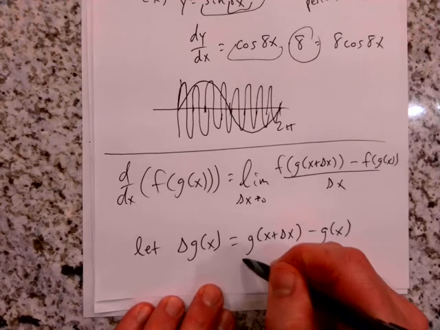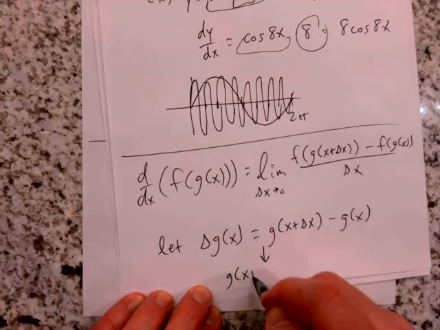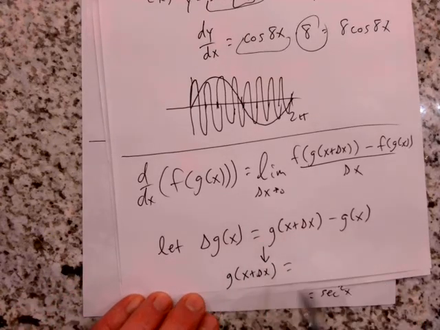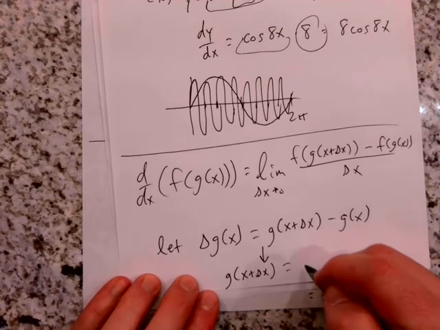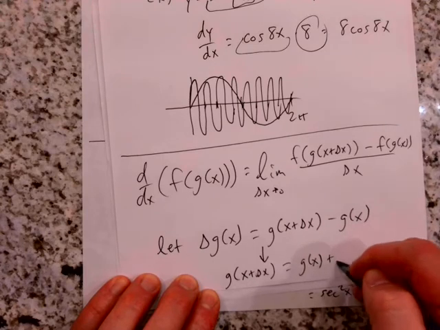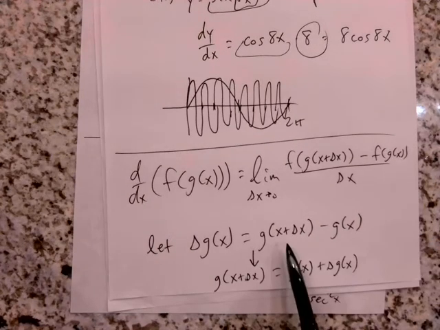A consequence of this is that if we rearrange these terms a bit, g of x plus delta x is equivalent to g of x plus delta g of x. That's going to come into play in a few minutes.